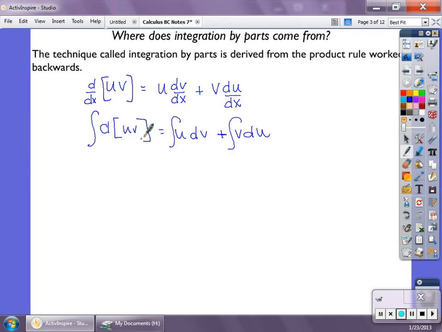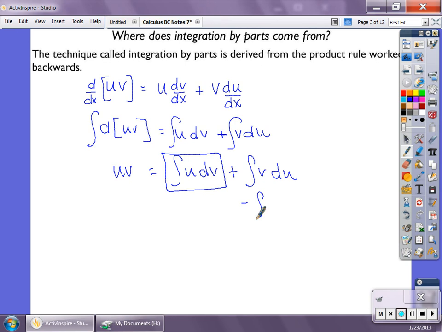And the integral of d(uv) is just uv, which is equal to the integral of u dv plus the integral of v du. And so what we'll do is solve for this integral right here by subtracting the integral of v du from both sides.